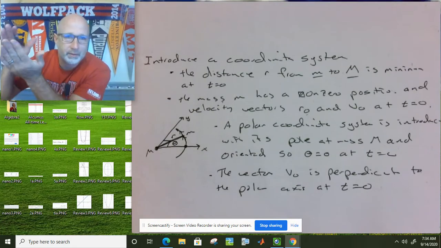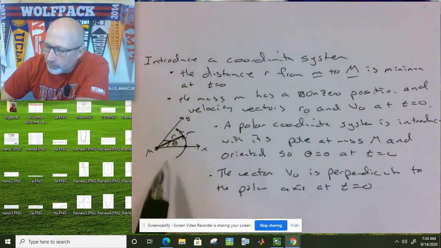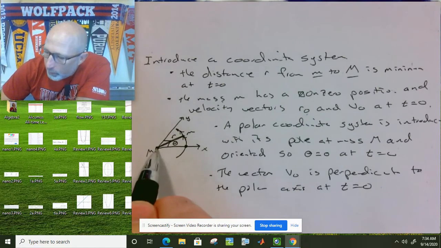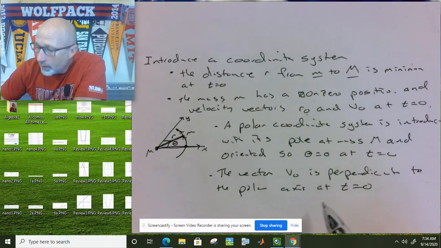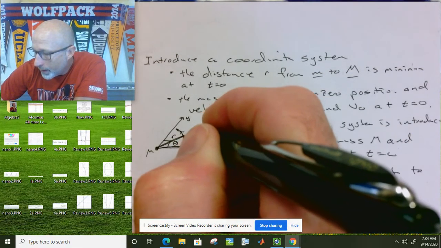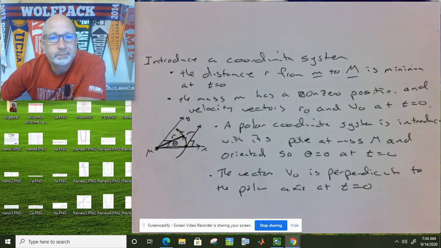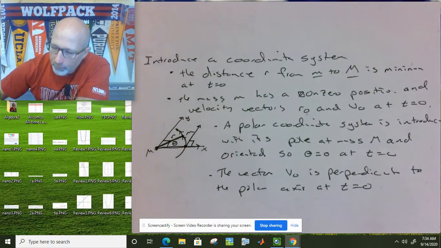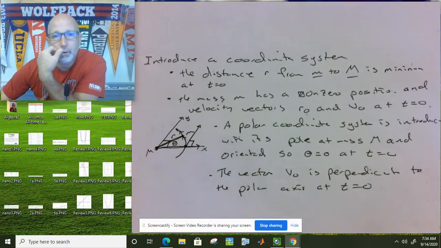But I'm going to superimpose them on top of each other. So this is the x-axis, but this is also the polar axis right there. And what this is stating is that at time equal to 0, the velocity vector is perpendicular to the polar axis. So it's going to also be going in that direction, where that's 90 degrees. Once again, we're viewing it from above and from an angle. And once again, you'll understand why later.